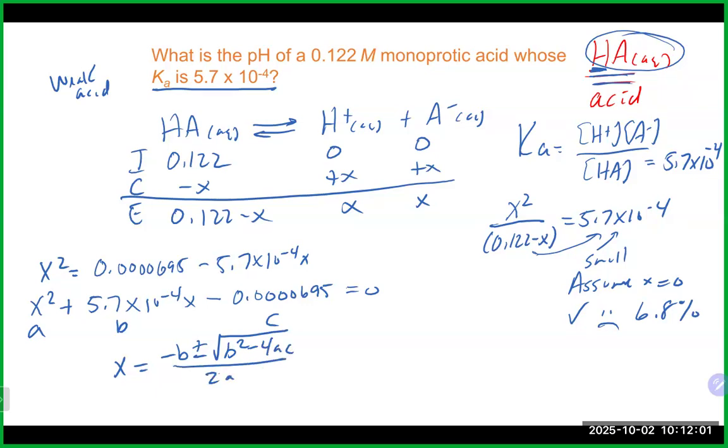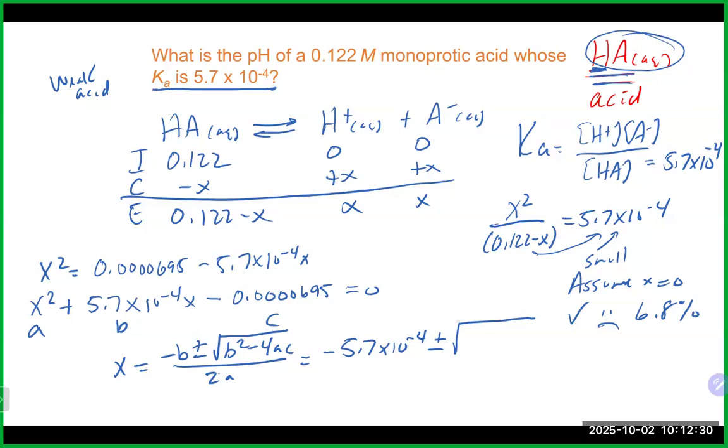So x is equal to negative b plus or minus the square root of b squared minus 4ac, divided by 2a. Popping in some numbers here, negative 5.7 times 10 to the minus 4, plus or minus the square root. Inside the square root, b squared is 5.7 times 10 to the minus 4 squared, then we subtract 4 times a, which is 1, times c, which is negative 0.0000695.